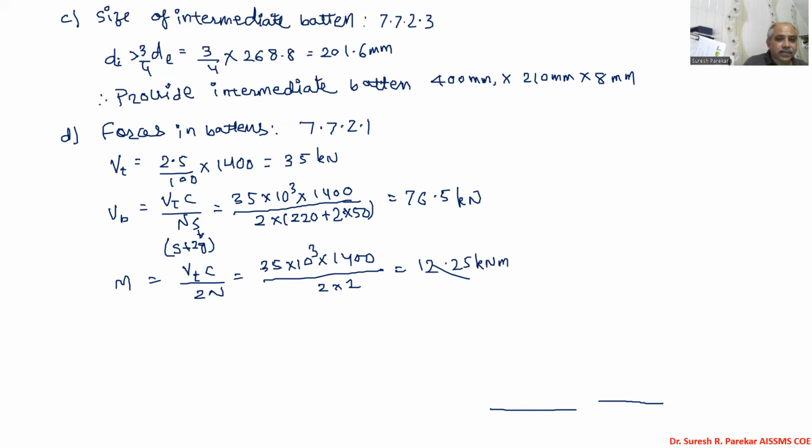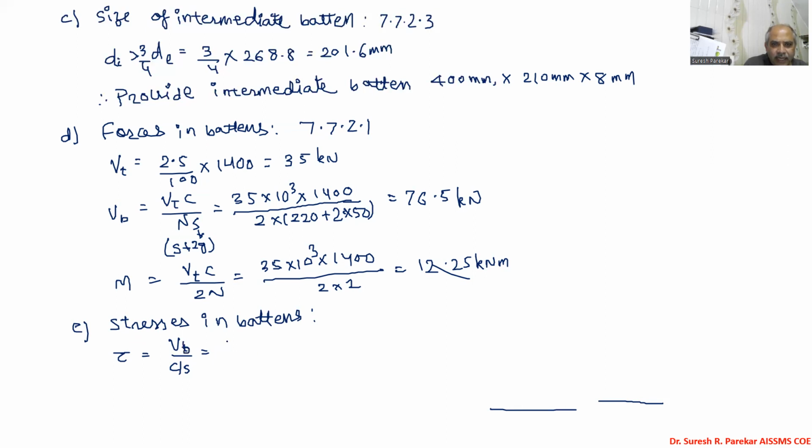Then we have the next step, E, stresses in battens. This was asked twice in examination. We have tau equal to VB upon cross section area. VT we have calculated, sorry, VB, not VT.